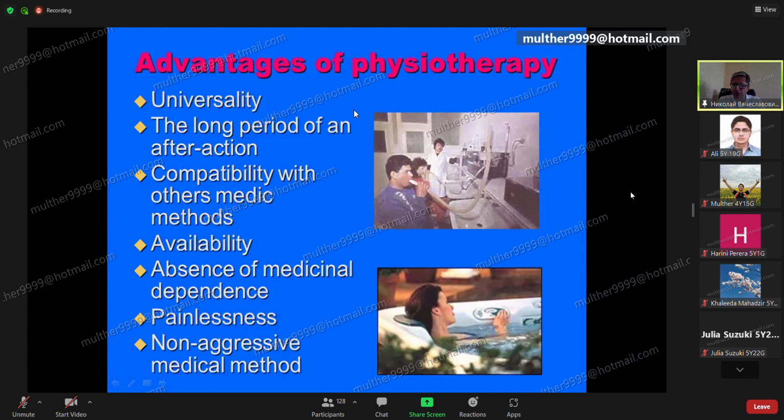Under the influence of these adaptive changes, we can activate them by using physiotherapeutical factors.